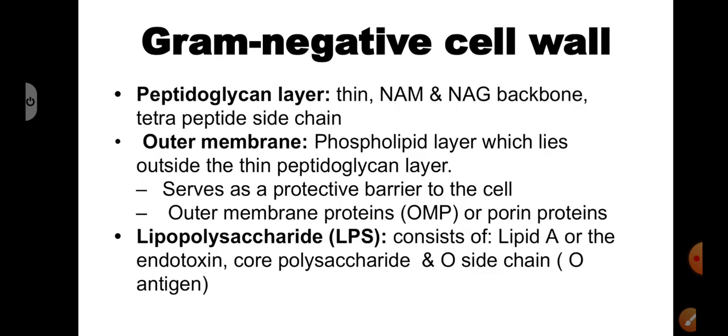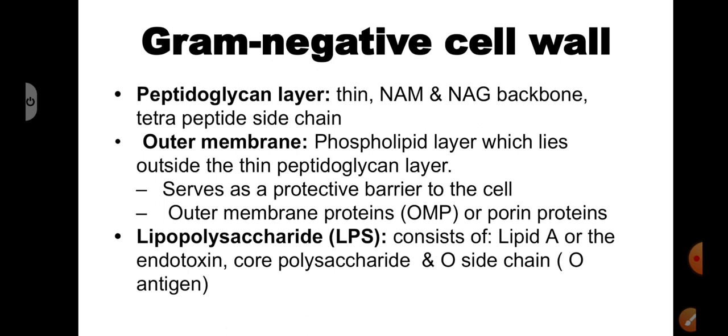Looking at the Gram-negative cell wall, it has a peptidoglycan layer which is thin, with a backbone of NAM and NAG sugar moieties attached by beta glycosidic bonds and a tetrapeptide side chain. But there are no pentapeptide cross bridges present. Then there is an outer membrane lying outside the peptidoglycan, which is a phospholipid layer, and it serves as a protective barrier to the cell.